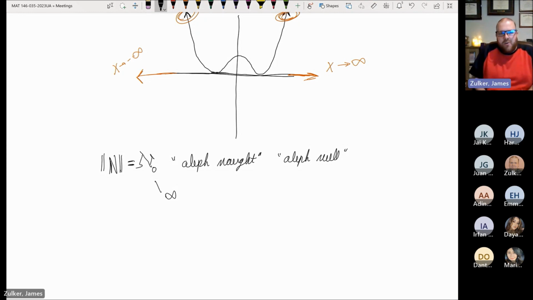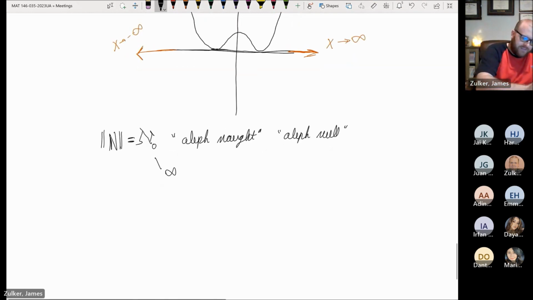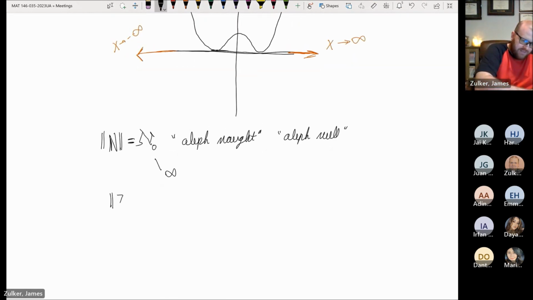How many integers are there? An infinite amount, right? But wouldn't you think there's more integers than natural numbers?